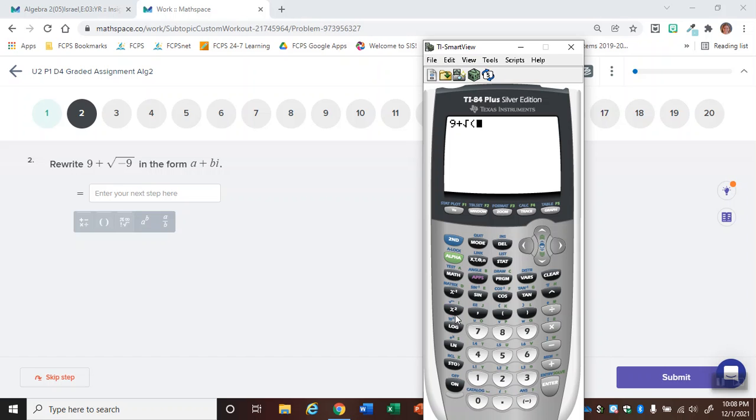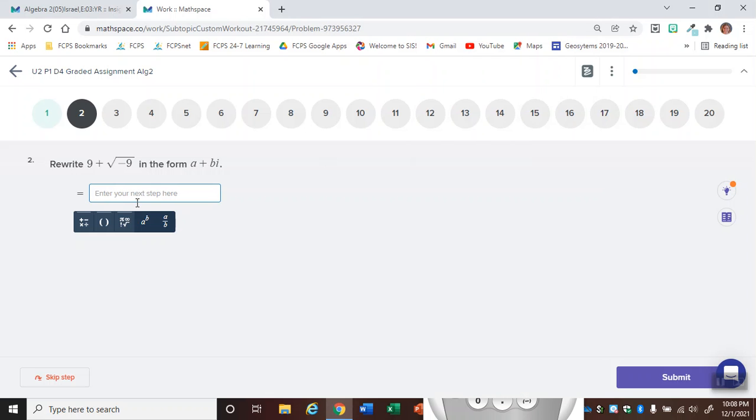That goes second and then the square button, and then minus as a -9. And so I get 9 plus 3i. Right, because the square root of -1 gives me the i, and then the square root of 9 is 3.